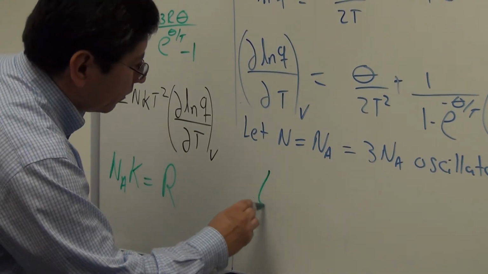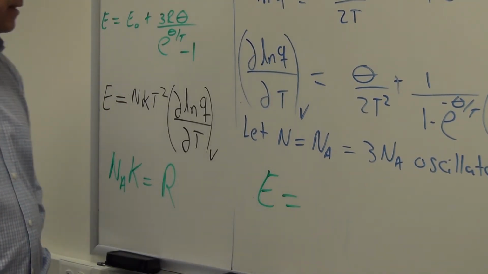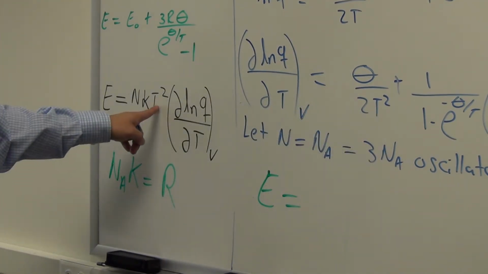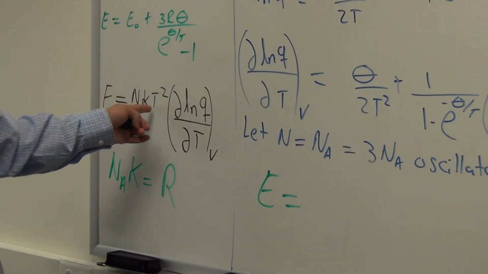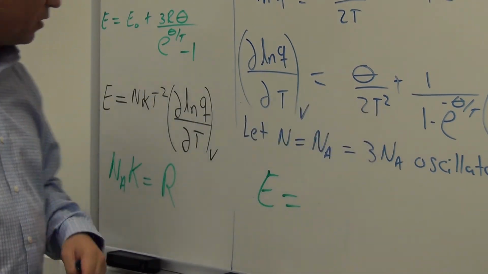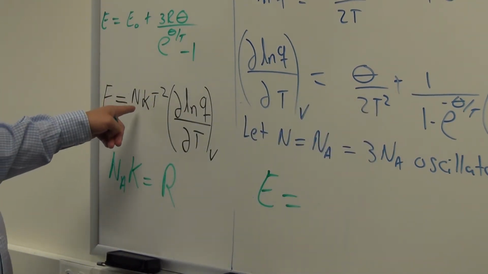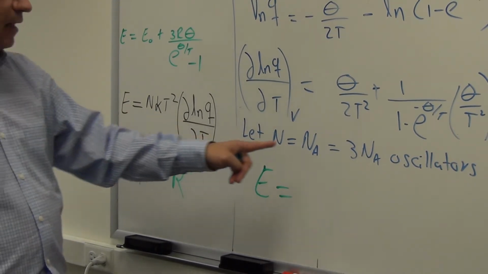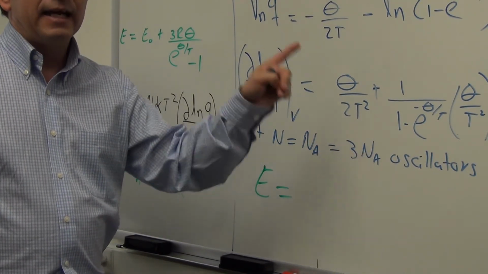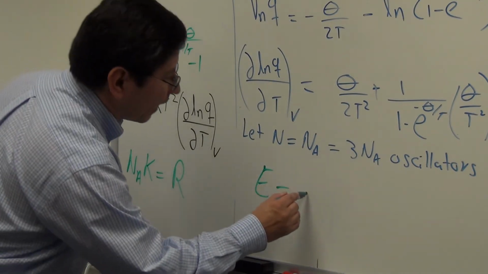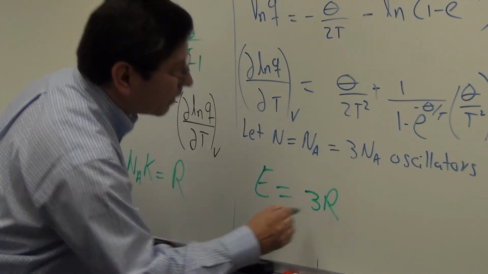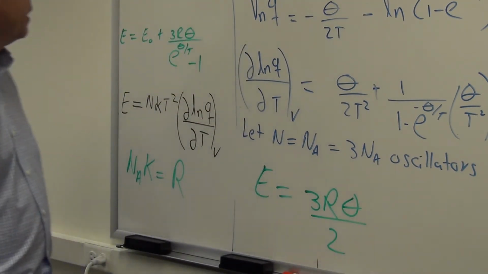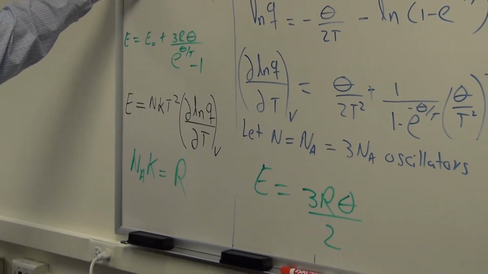Okay, now things start making sense, because in nkt squared, the t squared here and the t squared here are on opposite sides. One is a numerator, the other is a denominator. Therefore, you will have nk theta, but remember, instead of nk, we're going to have 3 Na k. So that means 3R, right? 3R theta over 2. So far, that seems consistent with this part.